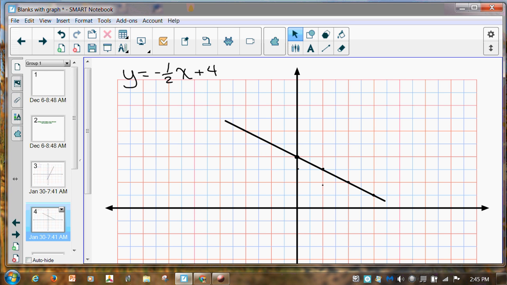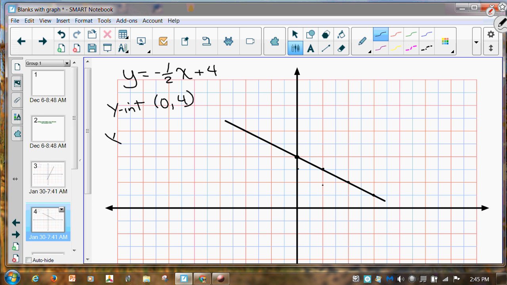First of all, let's write down the fact that we calculated our y-intercept at 0, 4, right? Now, what about the x-intercept? We did this once in another lesson on x and y intercepts, but let's do it again here now that we're using it specifically to plot.